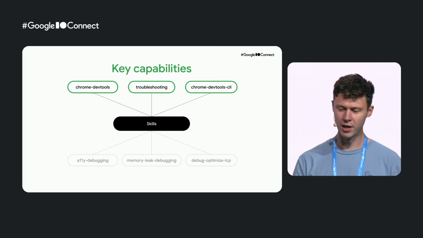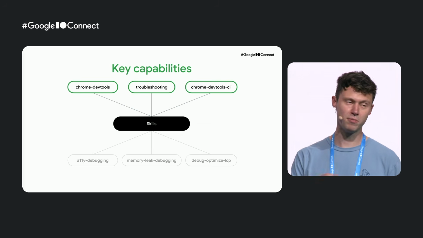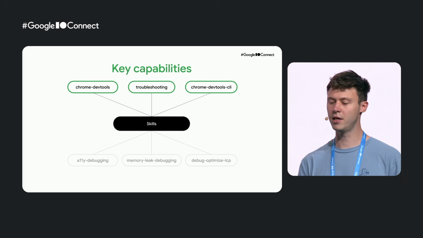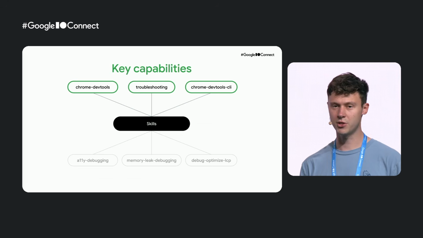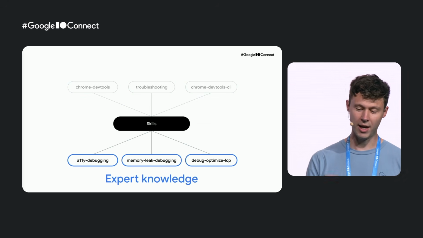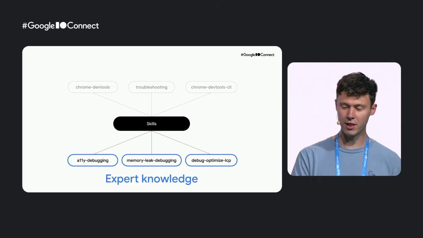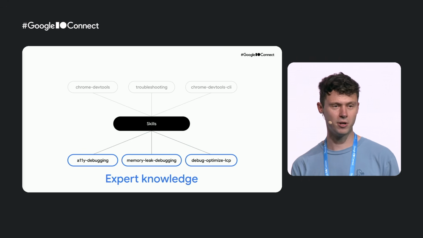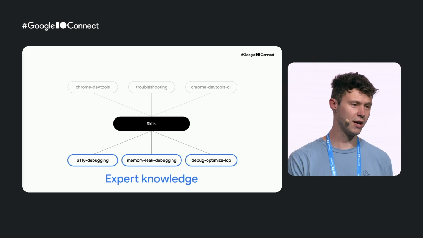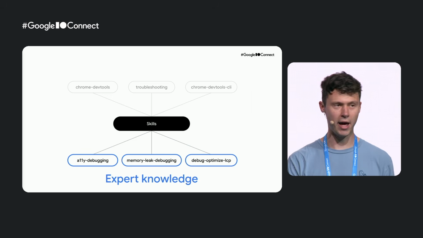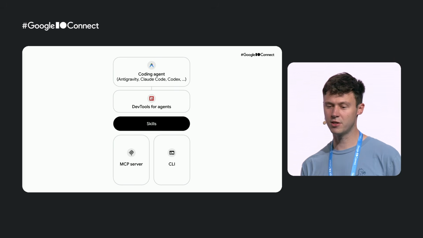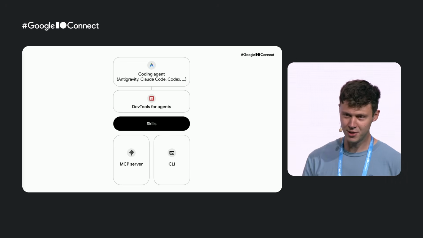The troubleshooting, Chrome DevTools, and Chrome DevTools CLI skills help your coding agent to understand key capabilities, concepts, and general usage. The accessibility debugging, memory leak debugging, and optimized LCP skills include expert knowledge in that specific area, making your coding agent an expert in the same. Those skills are what bring this all together, at least in the context of debugging.